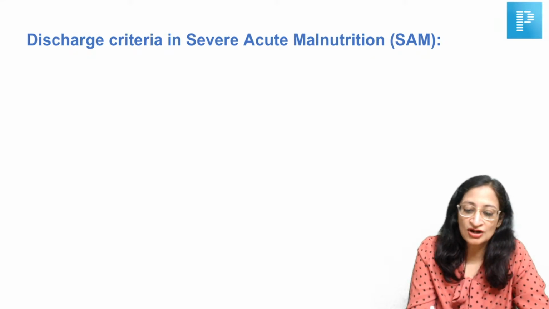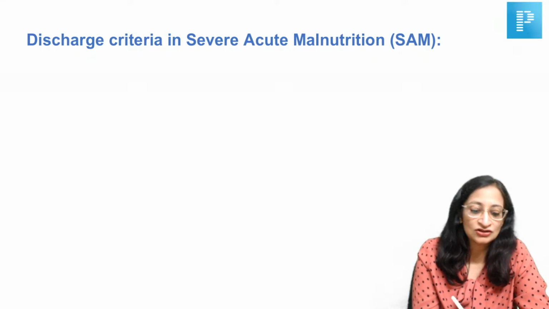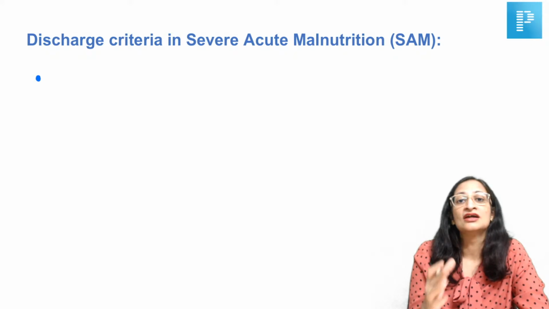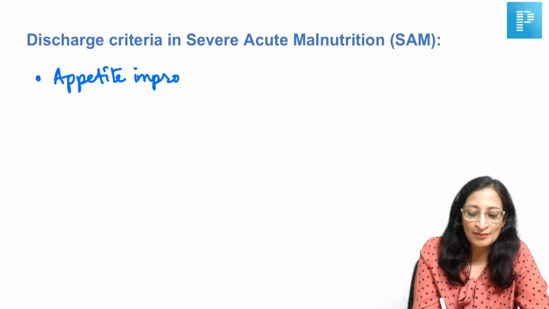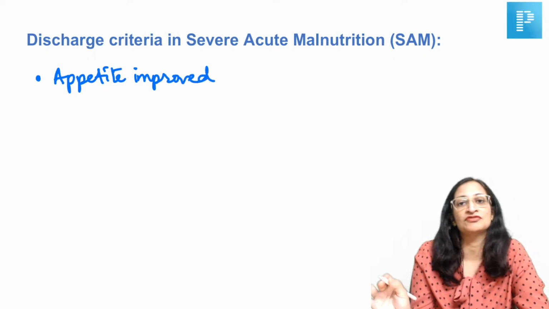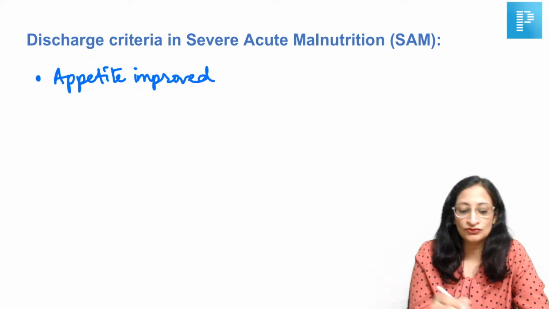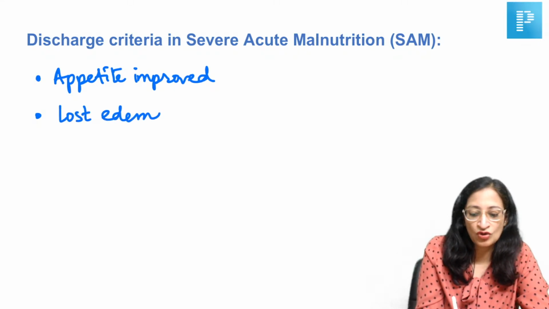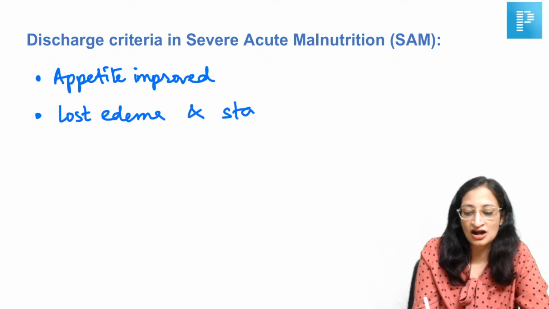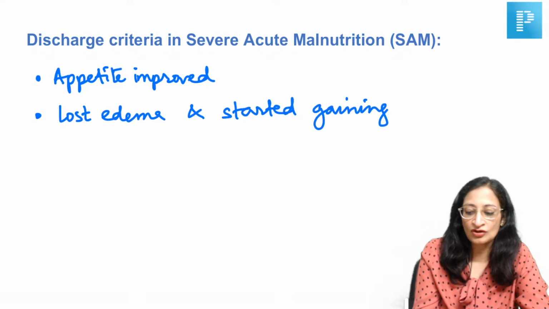In the discharge criteria, we already discussed that we discharge a child when his appetite is improved and he is eating well orally. So if the appetite is not improved, that means it is treatment failure. What else? The child should have lost edema. The edema should have gone and the child should have started gaining weight. Okay.